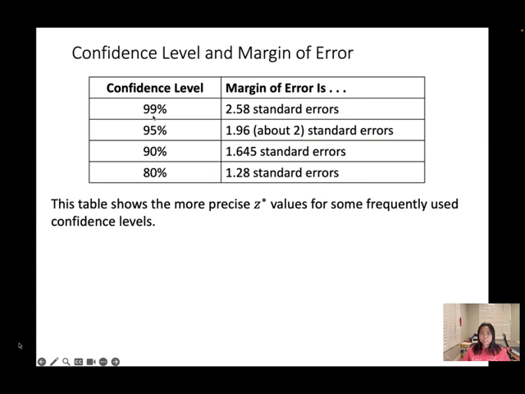If I construct 99%, then the z star will be equal to 2.5x. If I construct 95%, then the z star will be 1.96. We use the 2 here because we know the empirical rule, that's plus minus 2 standard deviations. But if we really calculate it, actually it's going to be equal to 1.96.